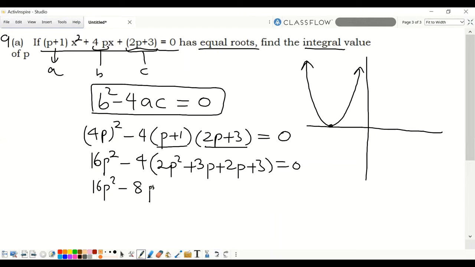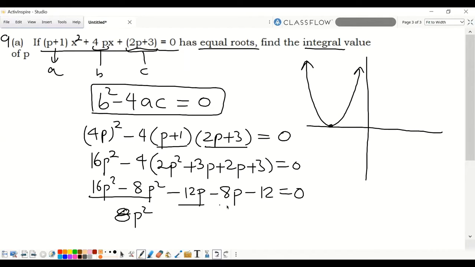Minus 8p squared minus 12p minus 8p minus 12 equal to 0. 16 minus 8 is 8. 8p square, minus 12 minus 8 will be minus 20p minus 12 equal to 0.